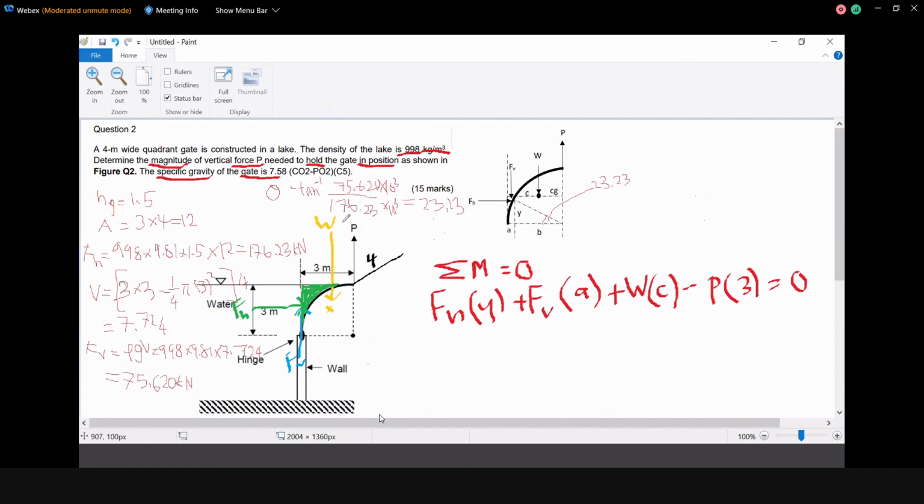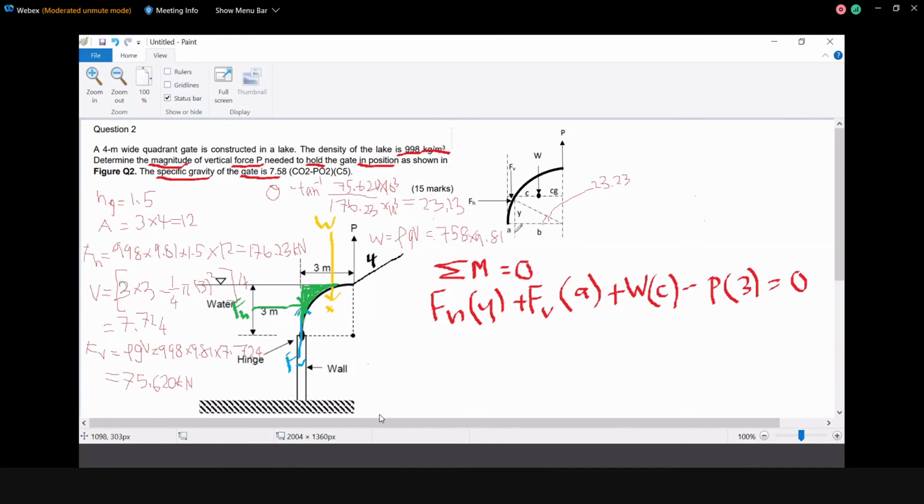Weight ialah rho GV sama kan? Weight adalah sama dengan vertical forces rho GV, but the difference here is the density. Density ni bukan density liquid. Density ni adalah density gate. So density gate adalah 758. So 758 darab 9.81.